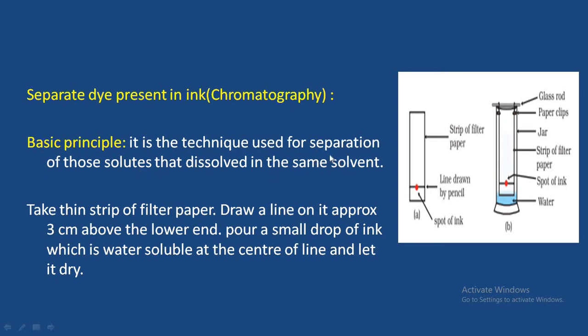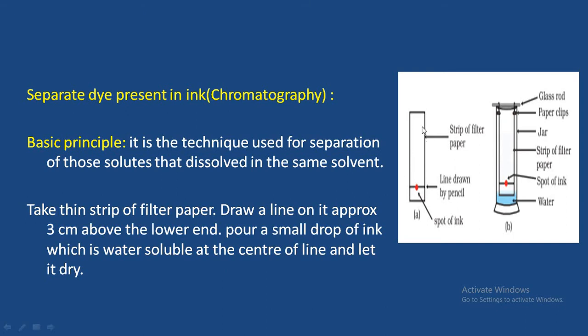The different colors present in the dye are the solute, and the dye is the solvent. This solute we have to separate. In the dye different colors are mixed, those different colors are the solute and the dye is the solvent.